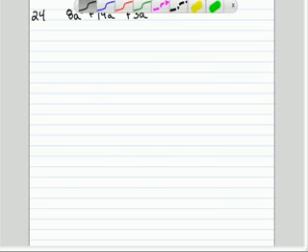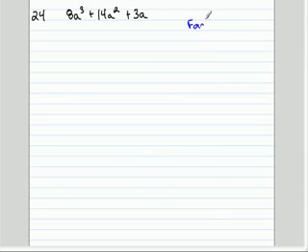So the first one we'll look at is 24, and 24 gives us 8a cubed plus 14a squared plus 3a. The first thing we're going to want to do is factor out a GCF. We want to make this simpler for ourselves.